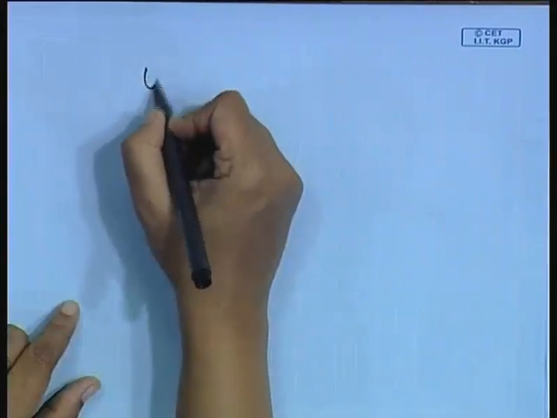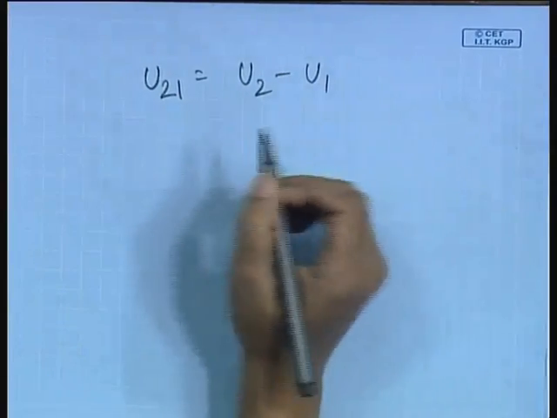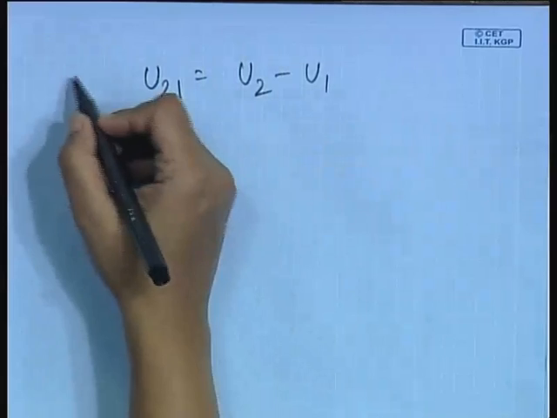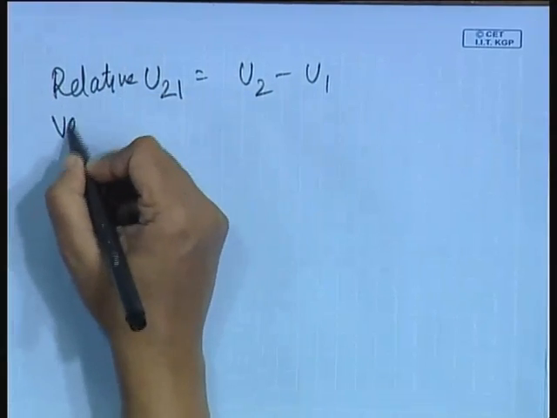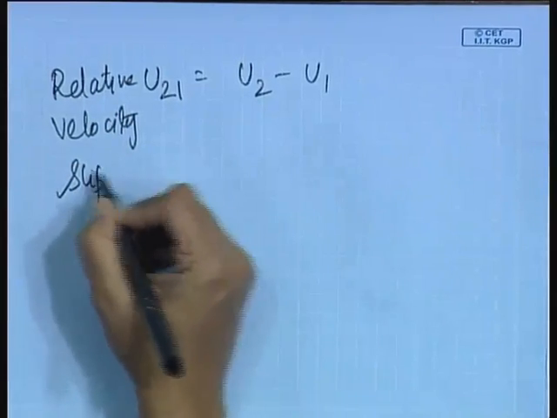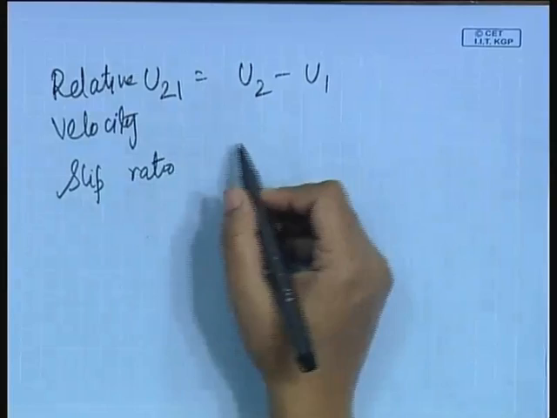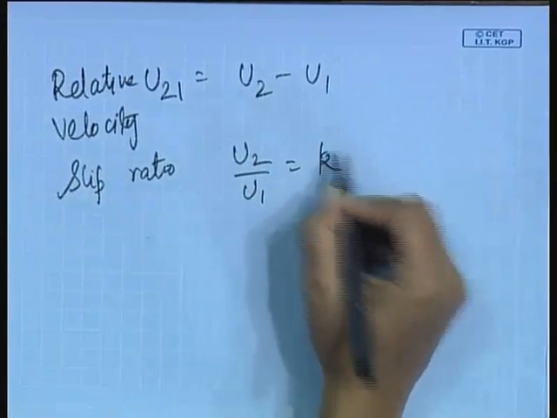Relative velocity we have defined as U21, which is nothing but equal to U2 minus U1, and this is the relative velocity. The slip ratio is nothing but U2 by U1, which is known as K.